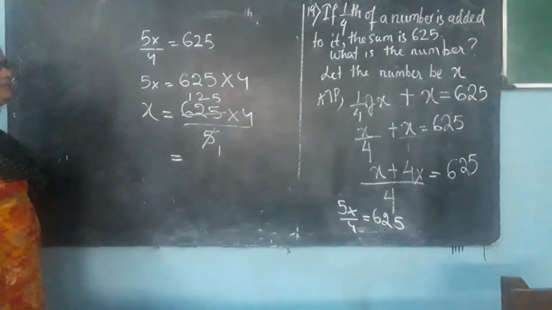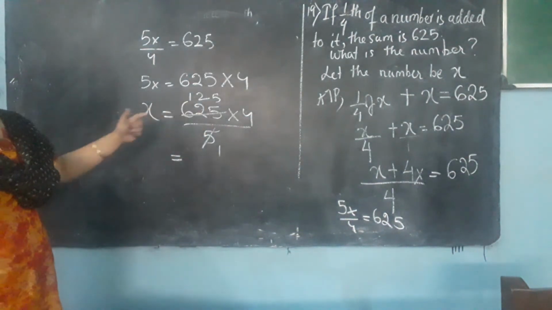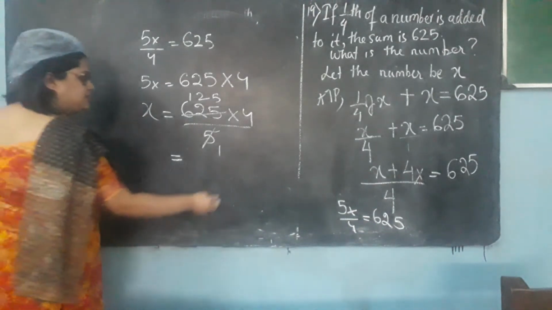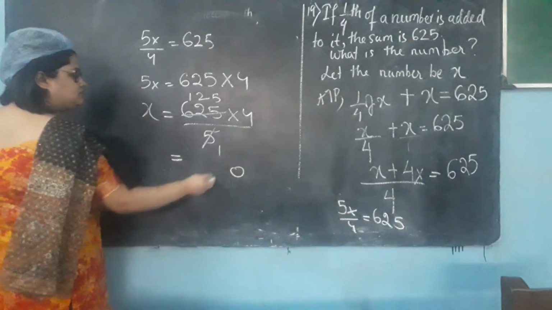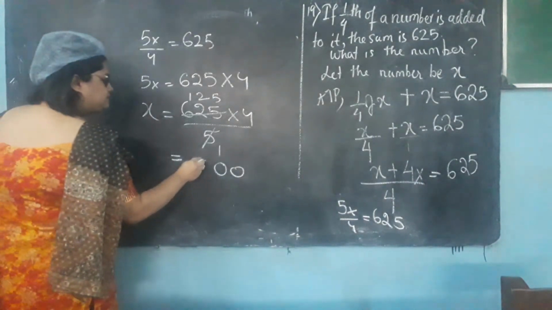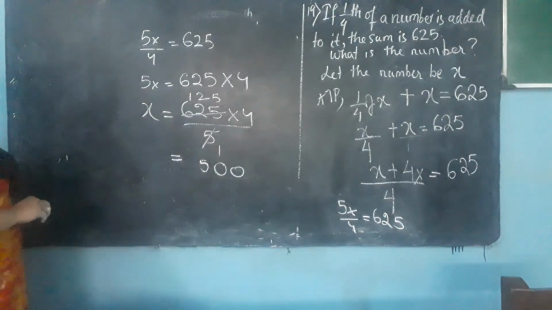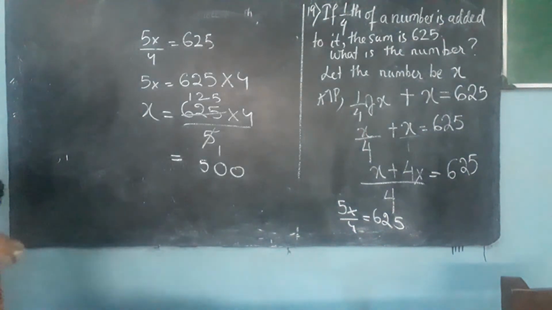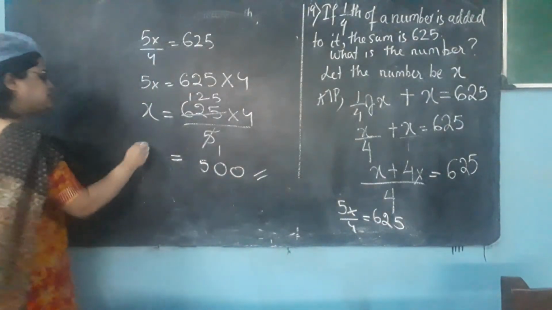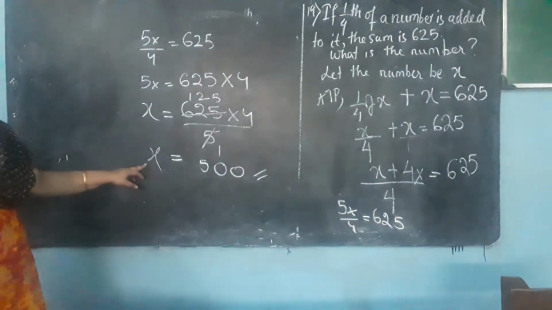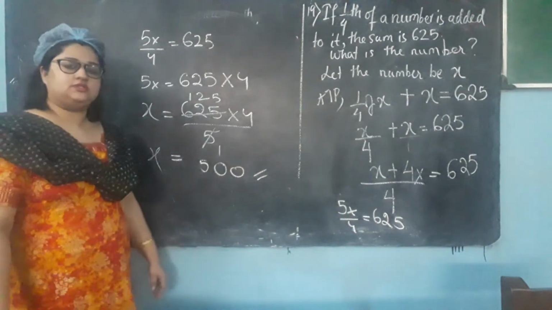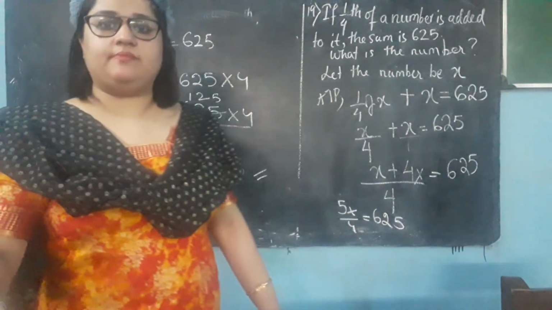Now you just multiply it with 4, and you will get the unknown number x. So the answer is 500. That means x is 500, the unknown number is 500. So this is the answer of question number 19.